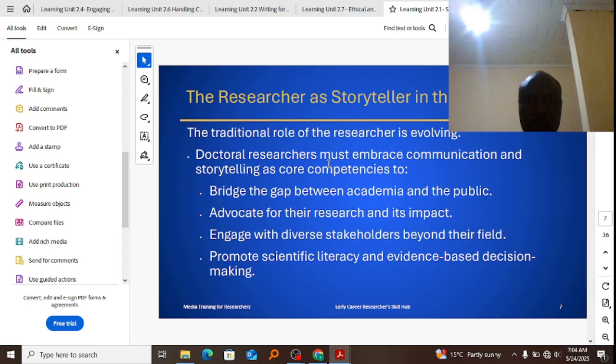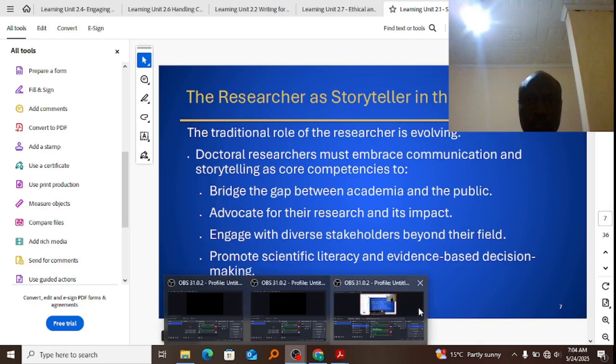Doctoral researchers must embrace communication and storytelling as core competencies to bridge the gap between academia and the public, advocate for their research and its impact, engage with diverse stakeholders beyond their field, and promote scientific literacy and evidence-based decision making.